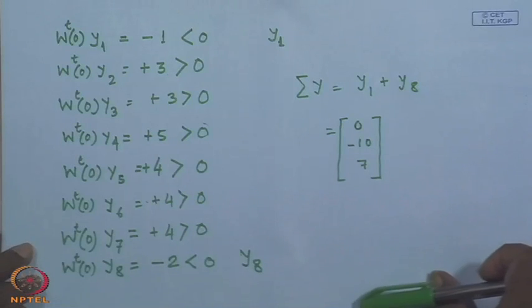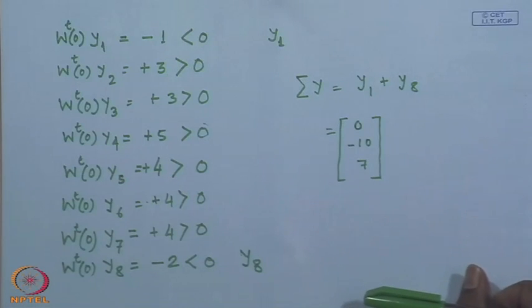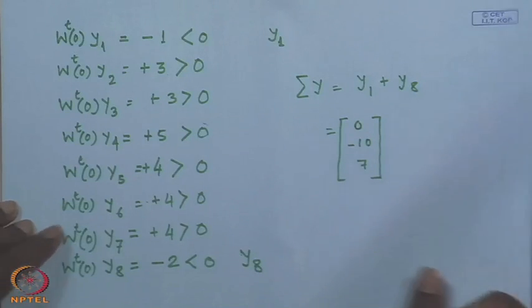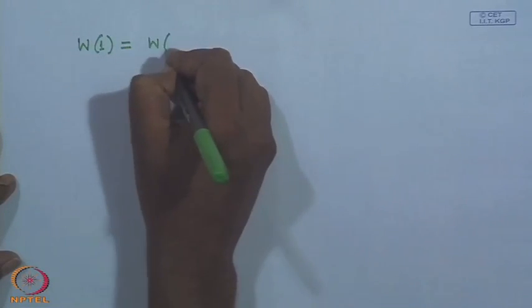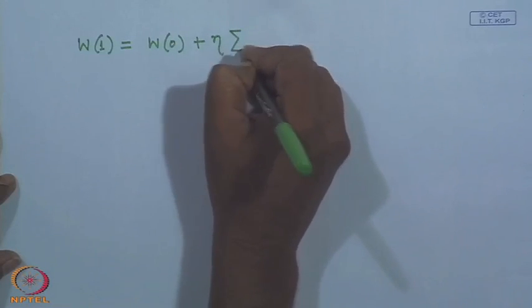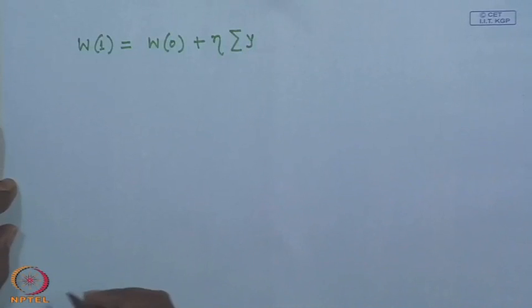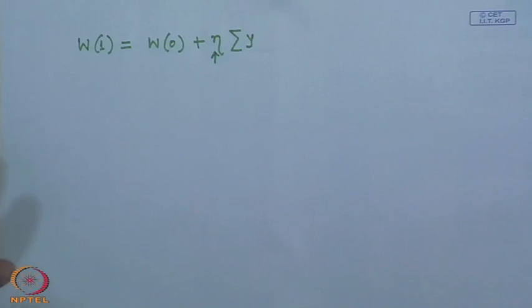Now, by using this, I have to compute the next iterated value of w, which is w 1, because I had chosen w 0 at random. So, my w 1 becomes w 0 plus eta times the sum of y for misclassified samples, where we have assumed eta to be 0.2.